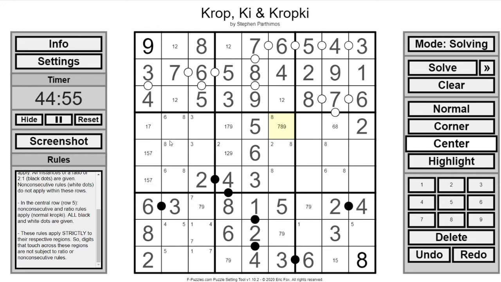Well, that's not really that defined. Seven can't be here, here, here, or here.